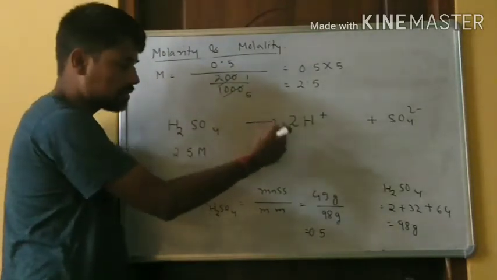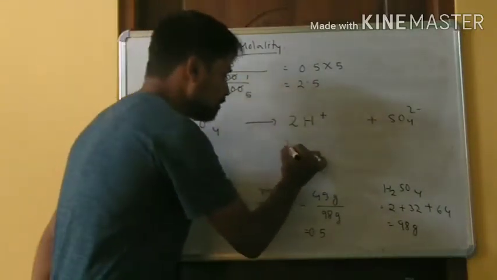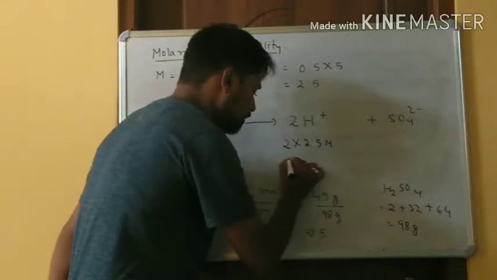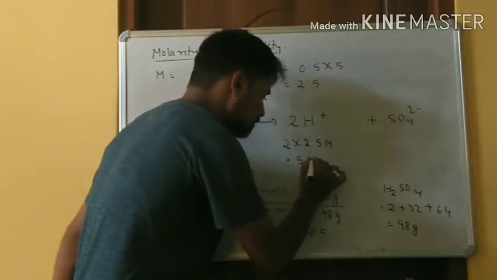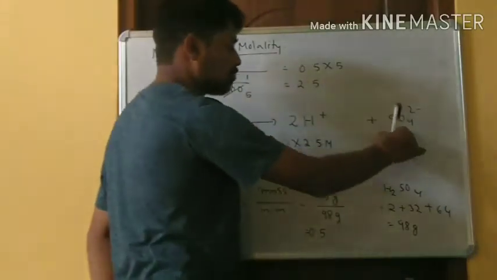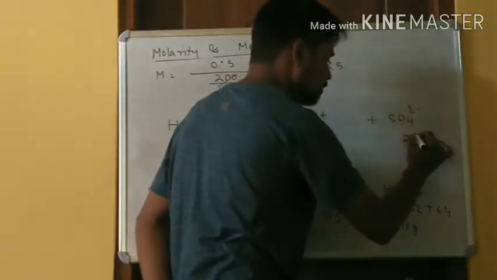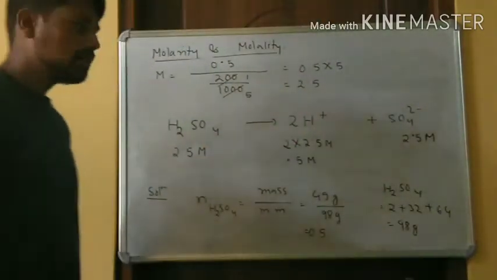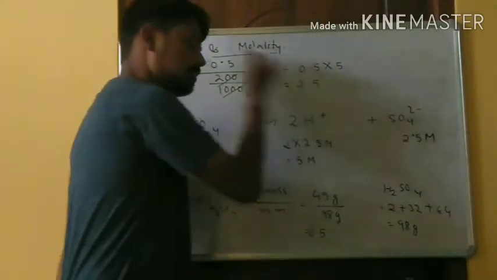Here the number is twice, so the molarity will be 2 into 2.5 M. So the molarity of H+ ion is 5, and SO4 will be 2.5, since there is only one SO4 ion present.